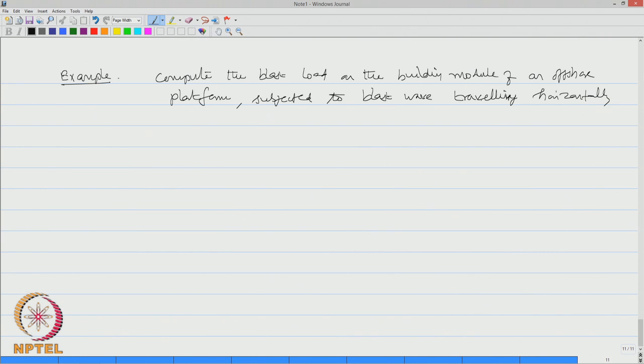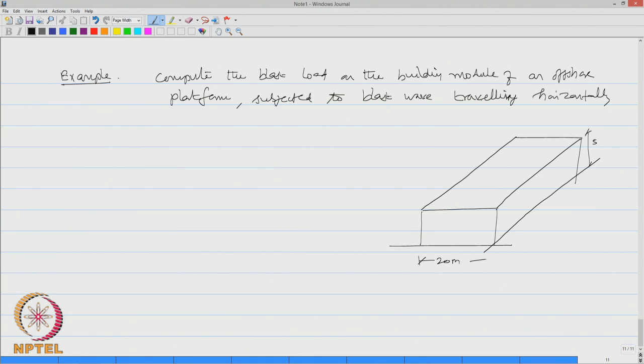Let us say I have a building module which is 20 meter wide and 30 meter long, and about 5 meter high. Say this is 5 meter high, this is 20 meter, and of course, this is 30 meter.